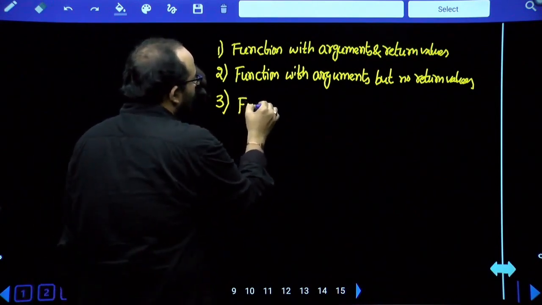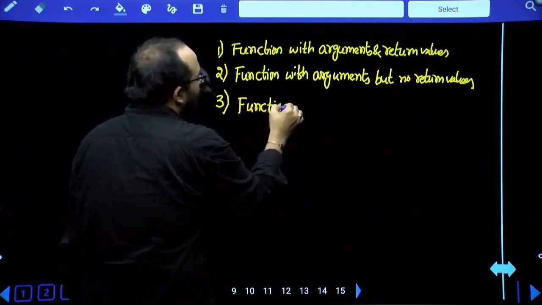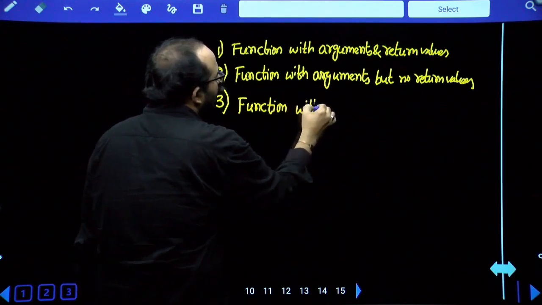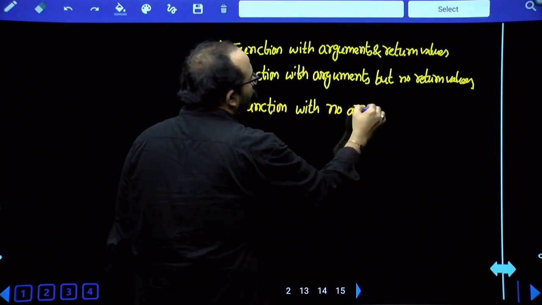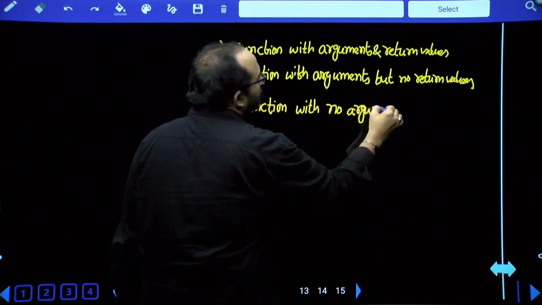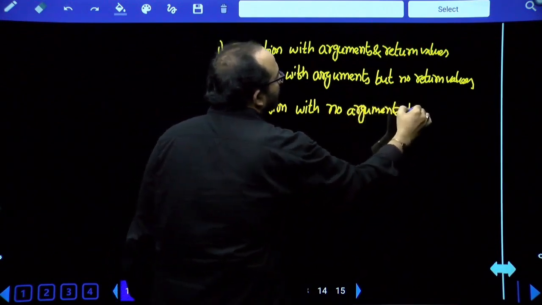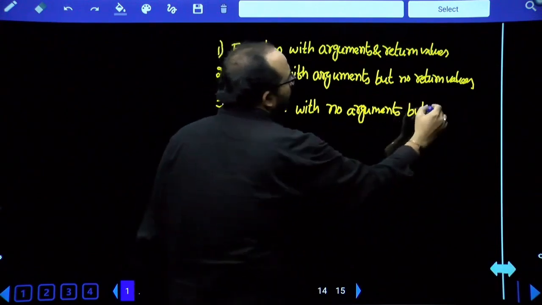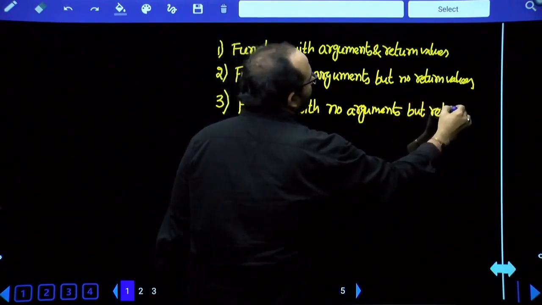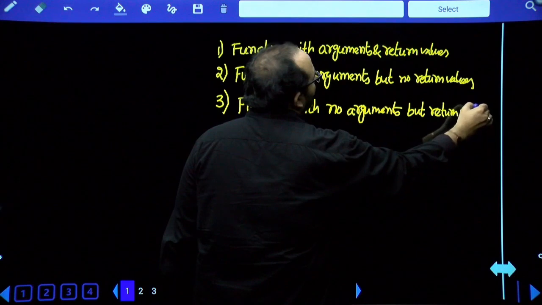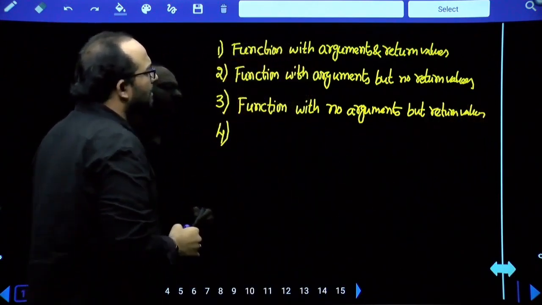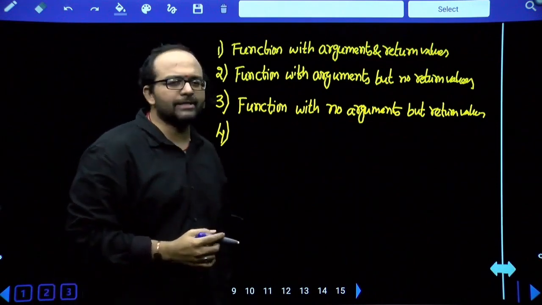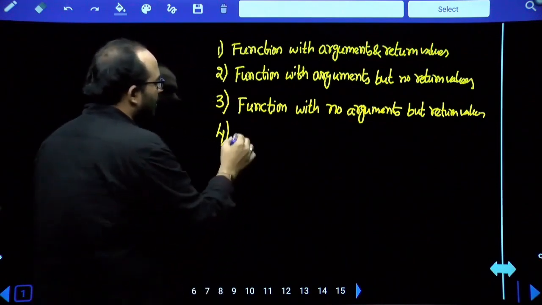Okay, function with no arguments but return values. And the fourth one is function with no arguments and no return values.